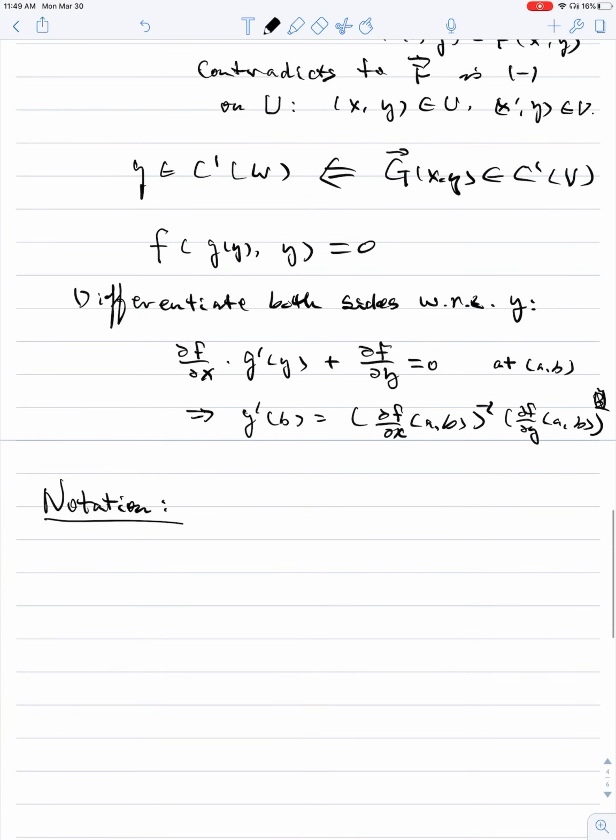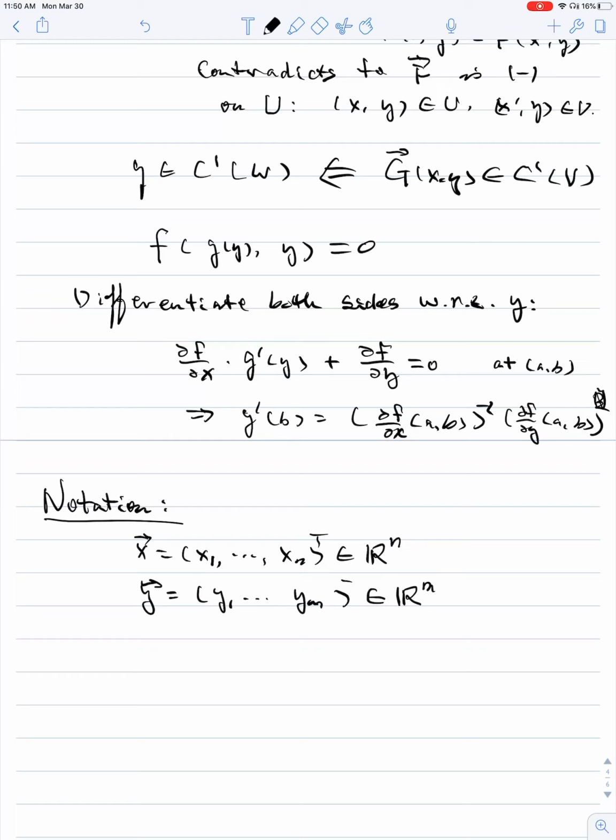In this section, we let x be a vector in Rn, so it has n components, n coordinates, and y be a vector in Rm, with components y1 through ym.